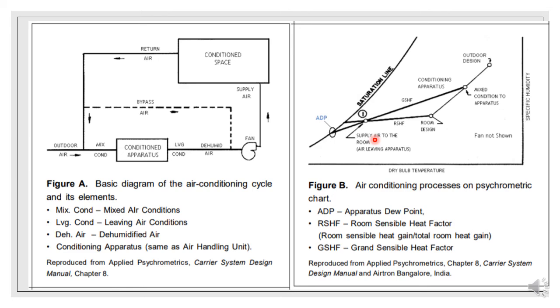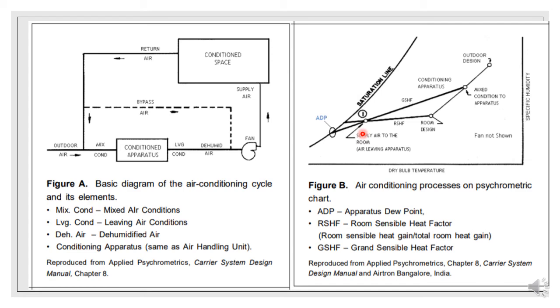So you can transfer the line onto the room design or room condition point. Just extend the line until it intersects with the grand sensible heat factor line. Then you will have your supply air condition.